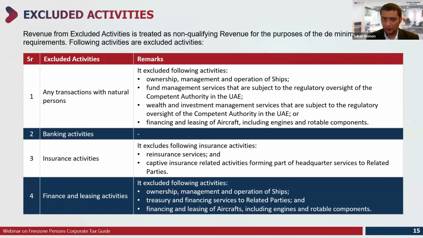So covering the excluded activities, I'll just run you through a few of the things. Any transactions done with a natural person would become an excluded activity, but a few of the transactions are allowed to be done with natural persons, which include wealth and investment management services, fund management services, ownership, management and operation of ships, financing and leasing of aircraft.